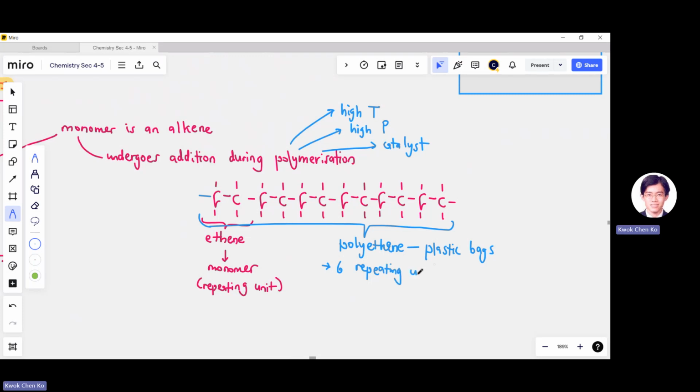So 6 repeating units. Why is this important? Because your exam question may ask you to draw 2 repeating units, 3 repeating units. So you need to know how many to draw.